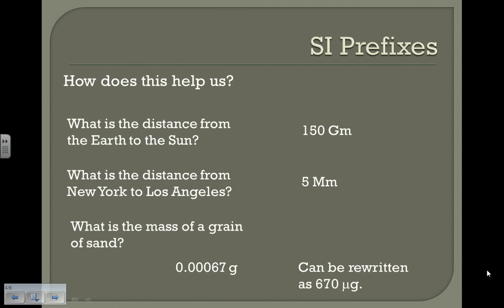So there's that micro for you. And 670 is a number that our brains can kind of comprehend. Maybe not combined with microgram, but manipulating 670 using what we learned in math is probably a little bit easier to do.